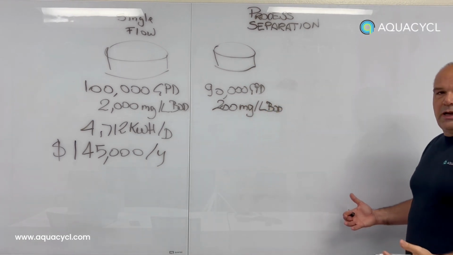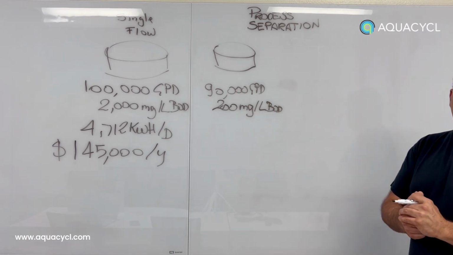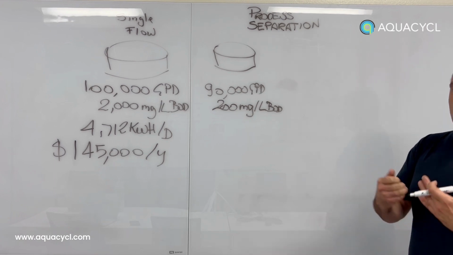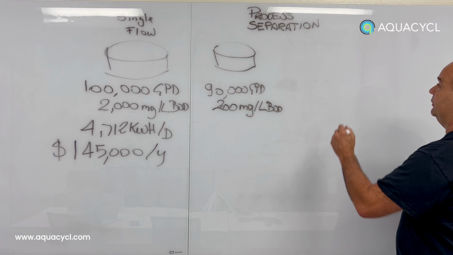On the other side, we may have, for example in food and beverage, a CIP rinse. The first rinse would have a higher concentration, and that would obviously be a smaller flow.